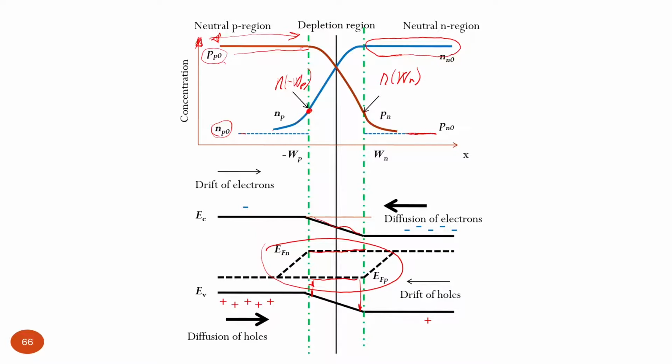Not all charge carriers which are injected in the depletion region can be extracted, or actually injected in the neutral region. So let's say electrons from the neutral region of N-type are injected in the P-type, and the opposite happens for holes from P-type which are injected in N-type.